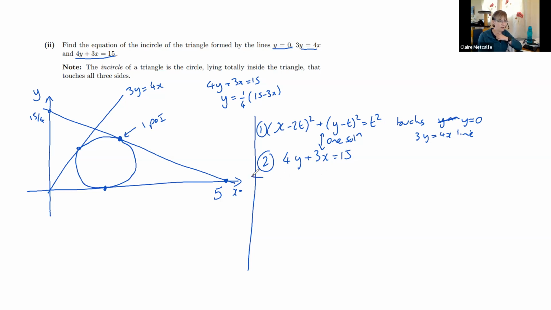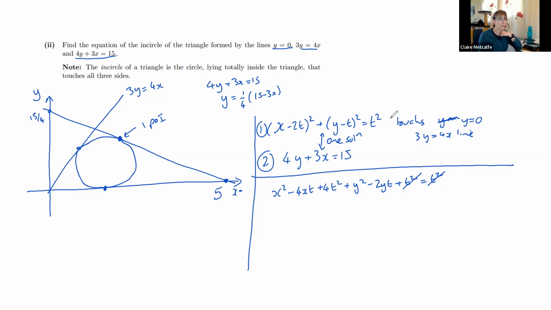We can solve them. I'm going to start by expanding out one. x squared minus 4xt plus 4t squared plus y squared minus 2yt plus t squared equals t squared. And those cancel out. So that's expanding the first one.